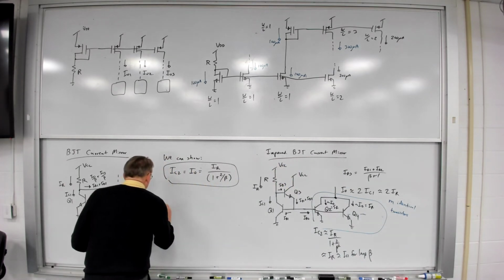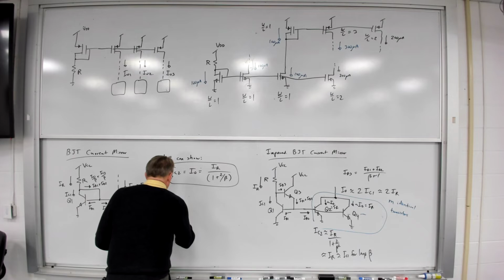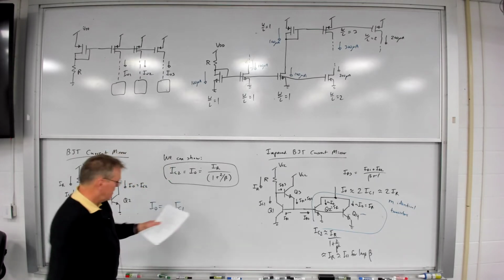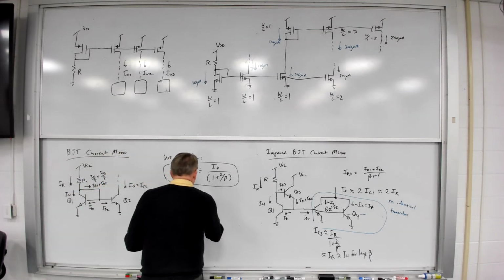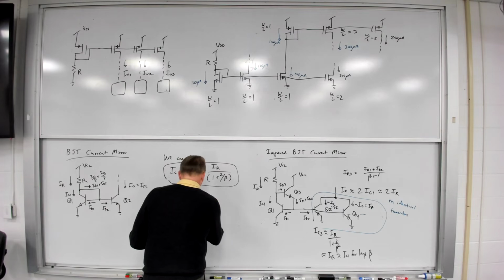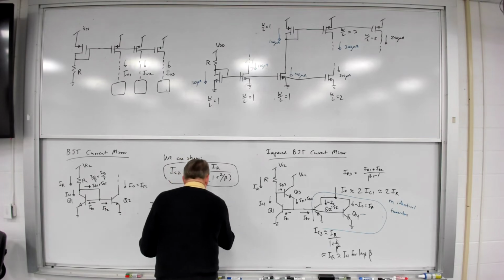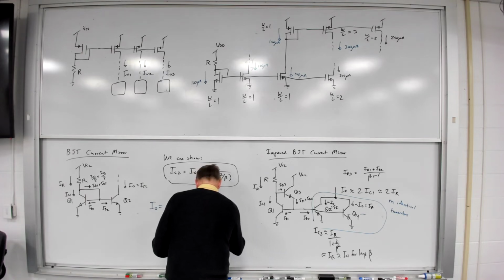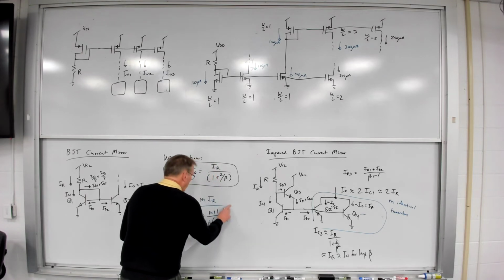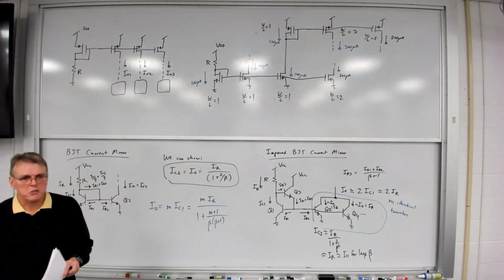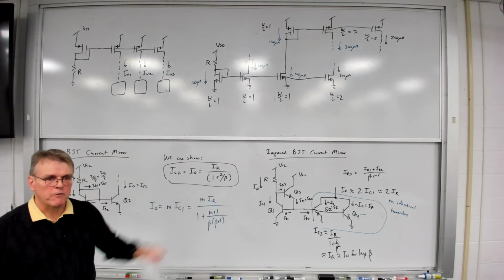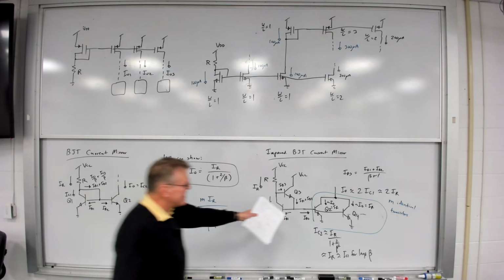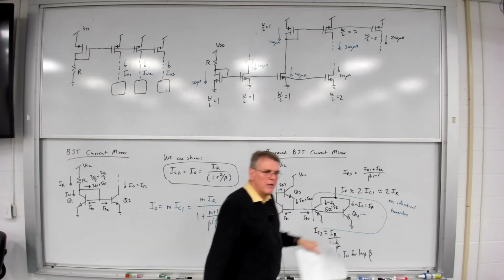I0 will be equal to M times IC1, which will be equal to M times IR divided by 1 plus M plus 1 over beta times beta plus 1. That's actually the exact equation you would get if you were to solve the DC equations. So this assumes M transistors, however many you want to connect.